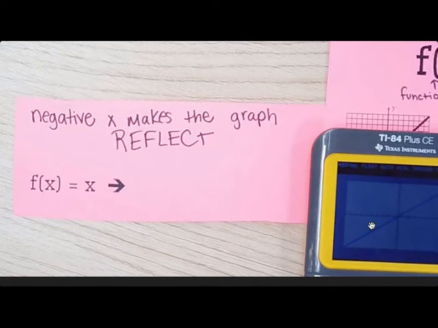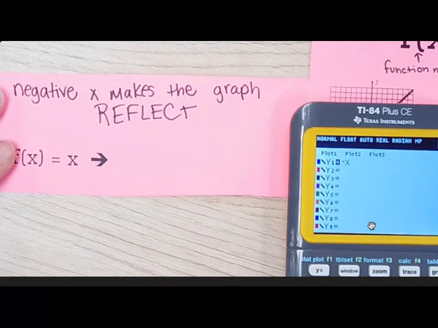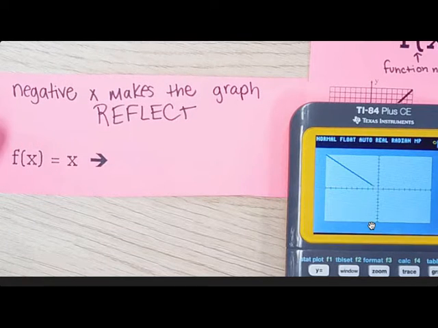So whenever you have a negative x, like I'm going to put on here negative x, I'm going to change the y equals x to y equals negative x. When I graph it, see how it goes downhill?